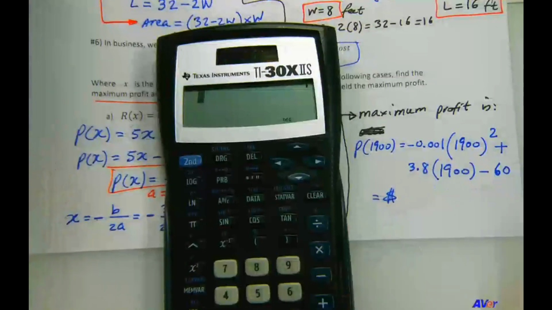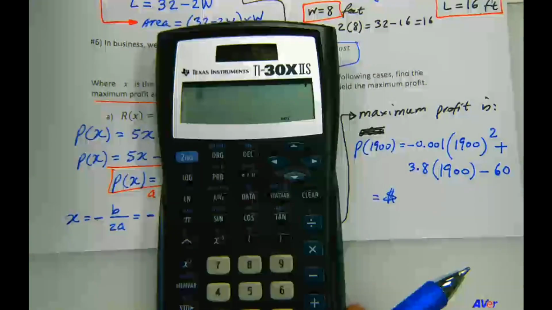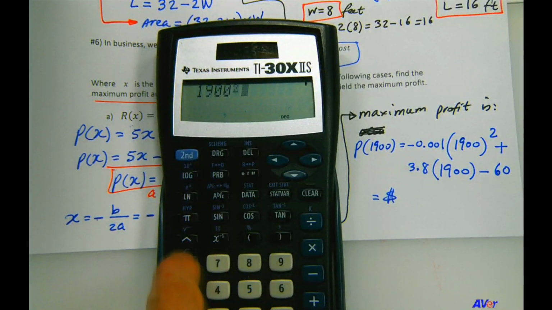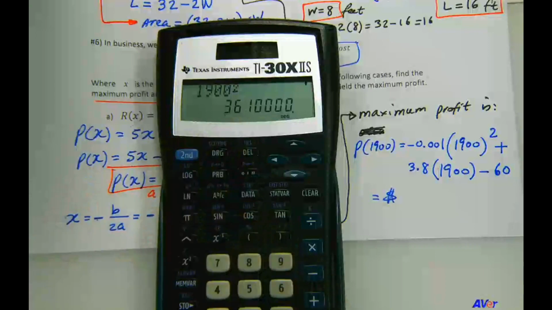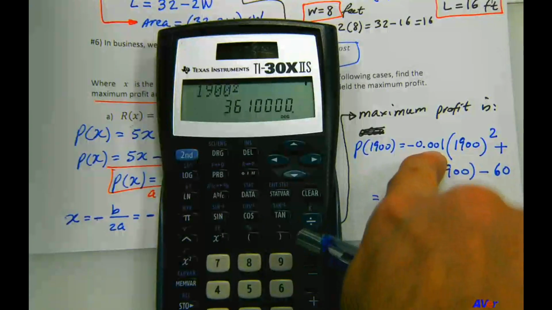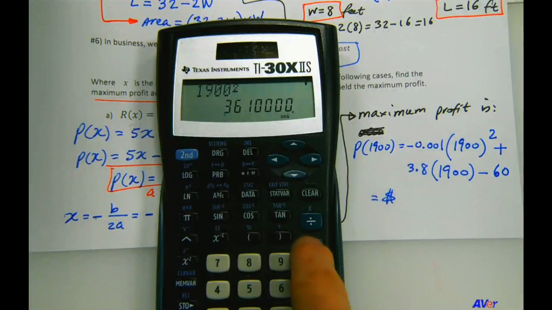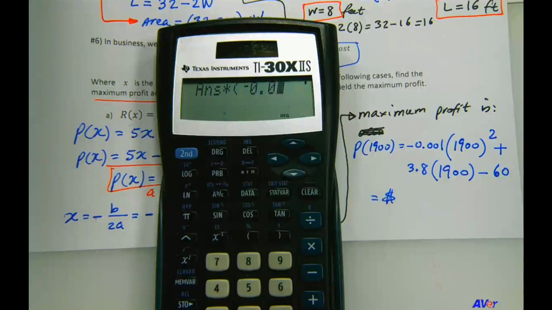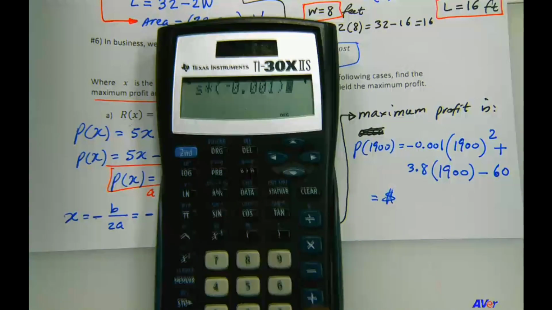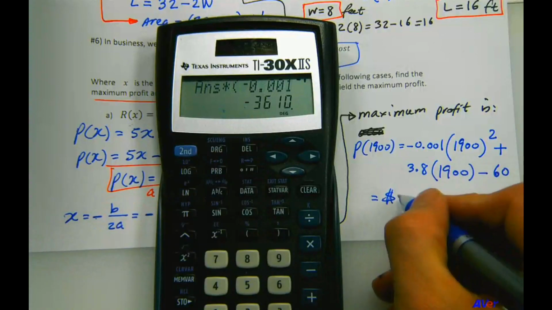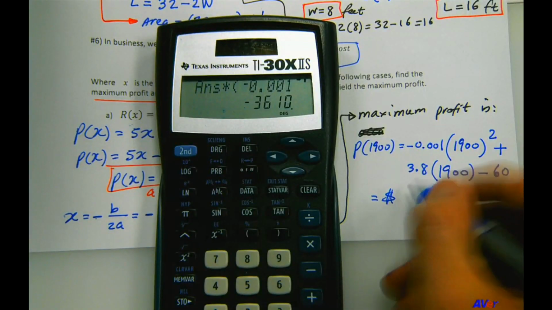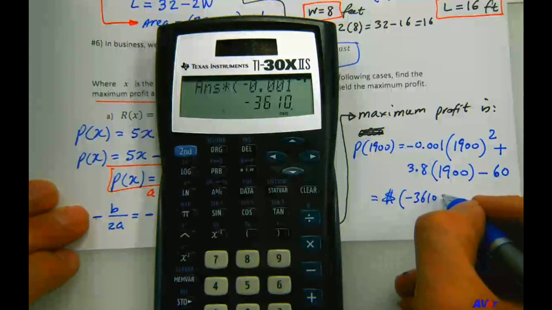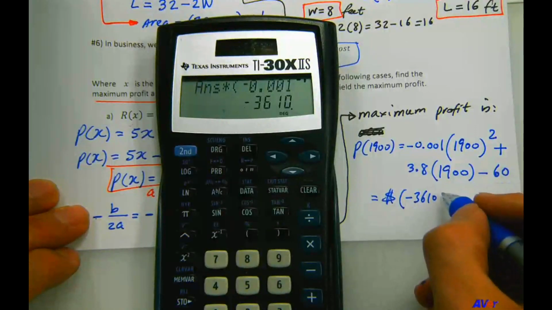So 1900 squared is that number, multiply that by minus 0.001, which gives minus 3,610, right?